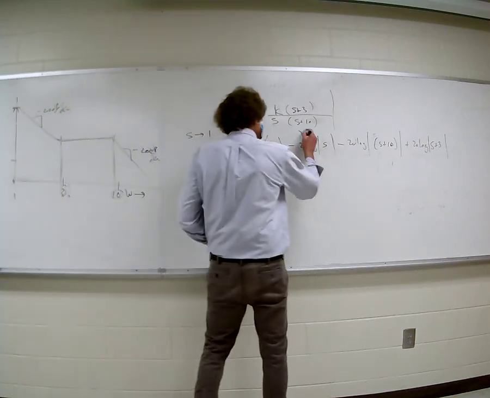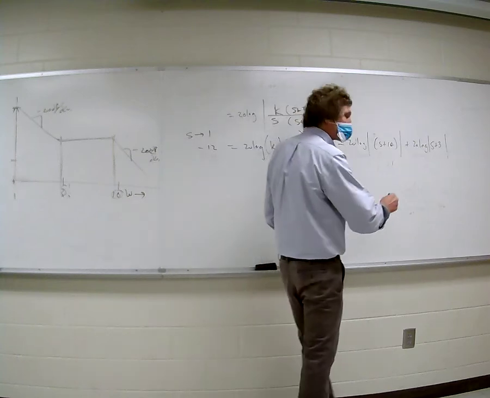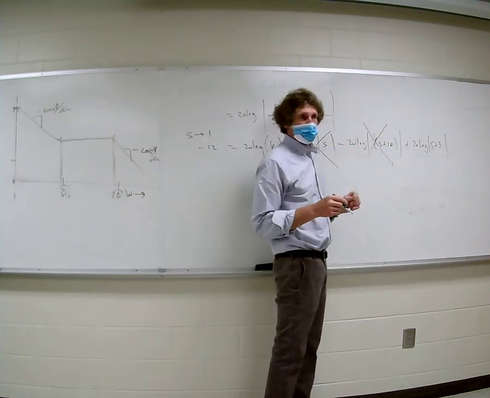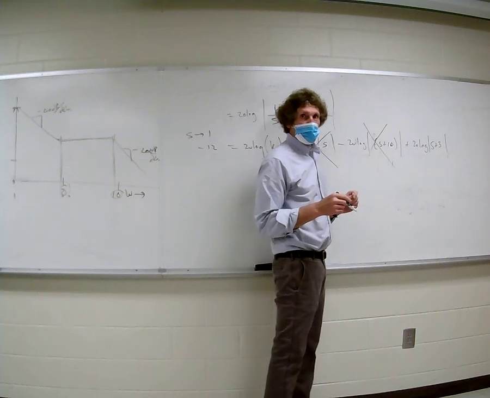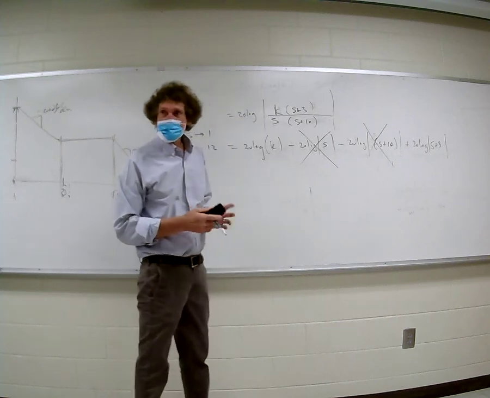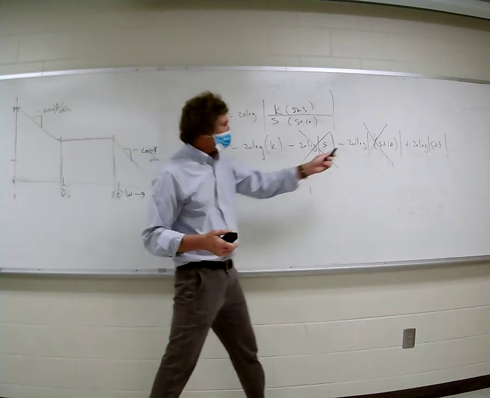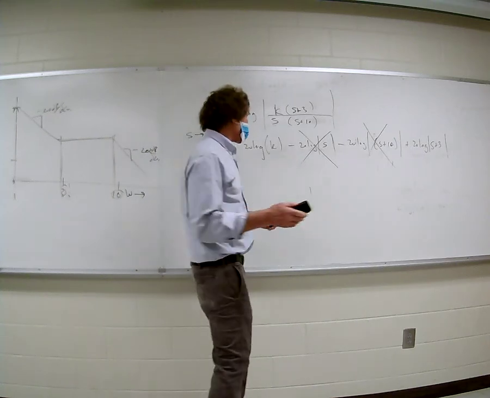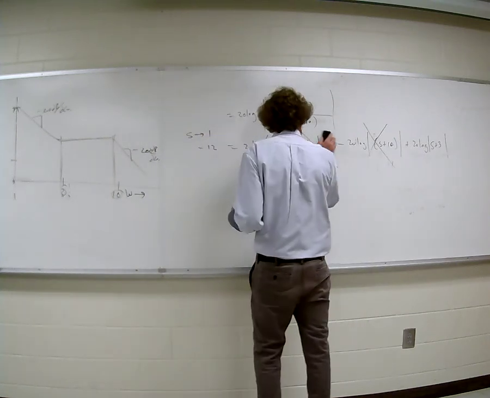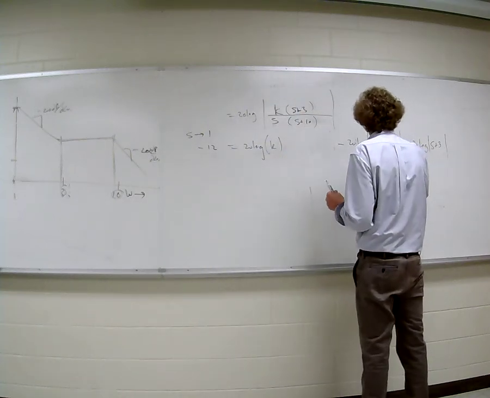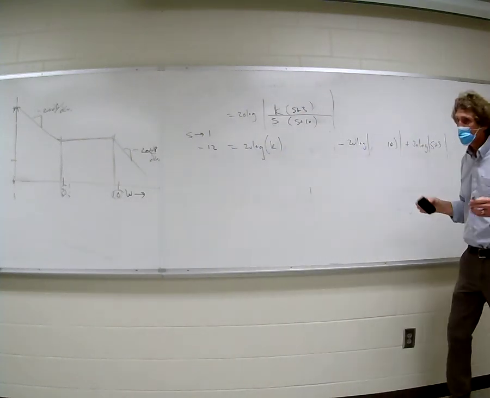So this one goes away. Log of 1 is 0. This one also goes away because s itself is much less. But there's a problem, isn't there? There's still a 10, isn't there, class? So just follow me on this. This one goes away, but this one we have to leave as 10. There are two ways to do this.